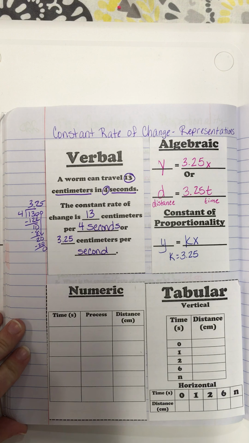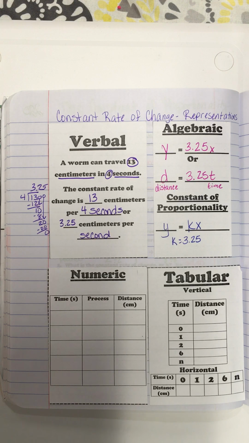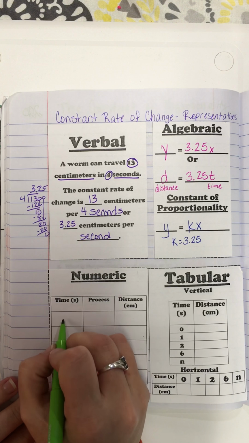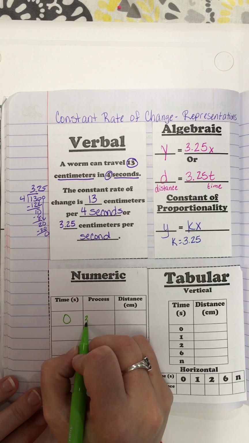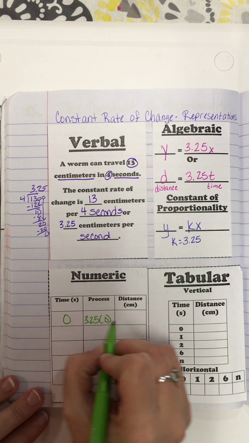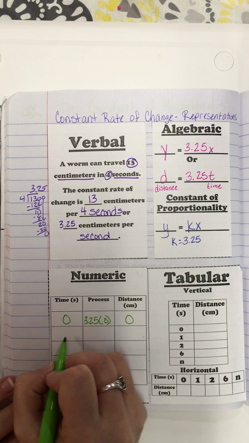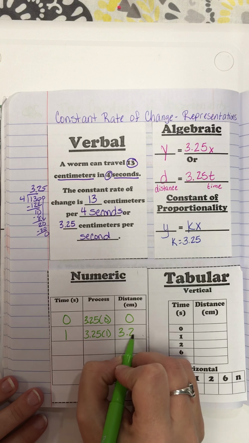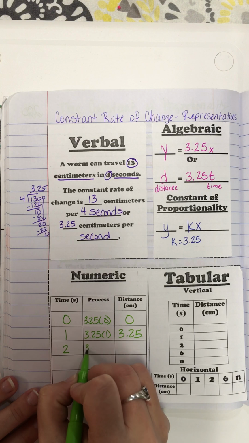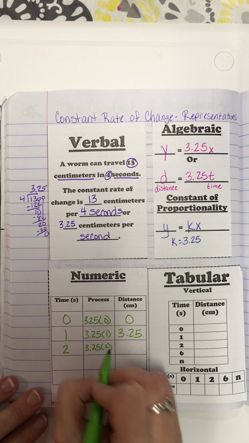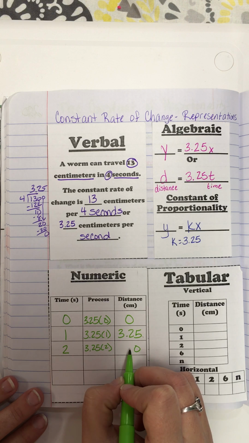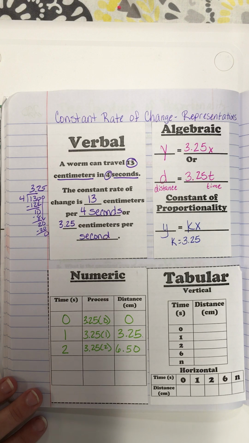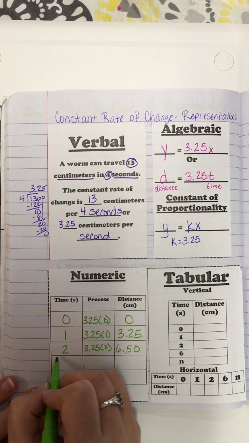All right, numerically, that's where we include the process, not just the table, but the process. 0 seconds, I would say 3.25 times 0, which gives me 0 centimeters. 1 second, it's going to give me 3.25 centimeters. 2 seconds, that's 10, that's 5, and that is 6.5 centimeters in 2 seconds.